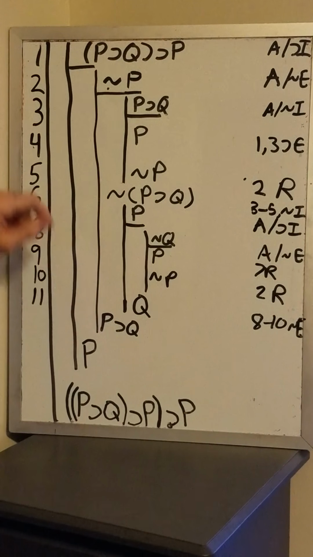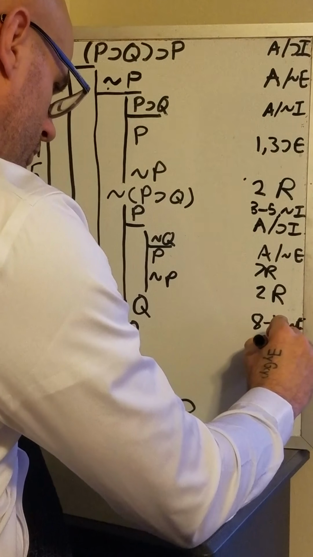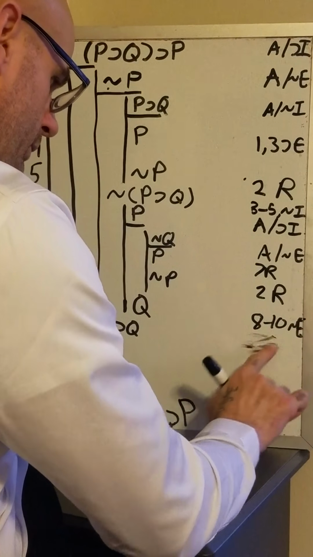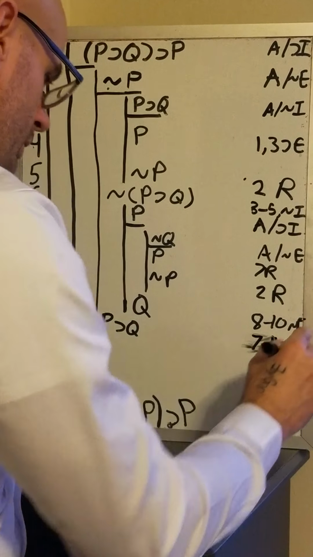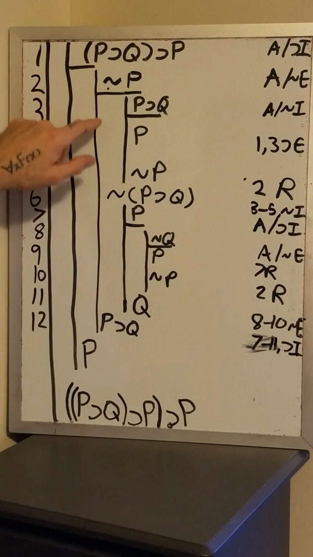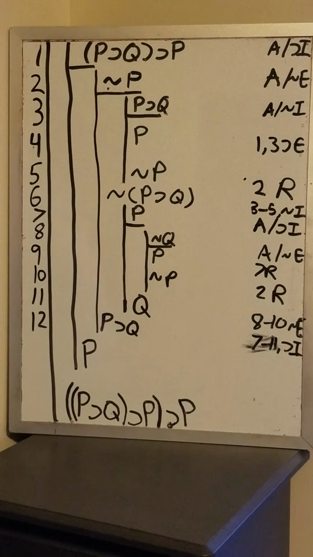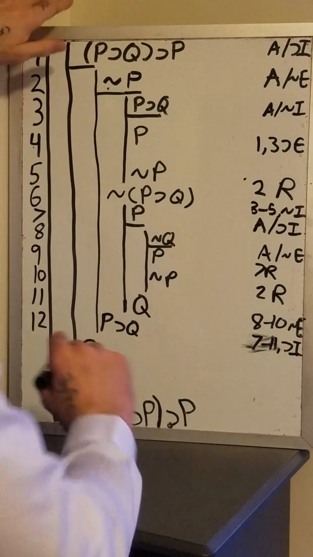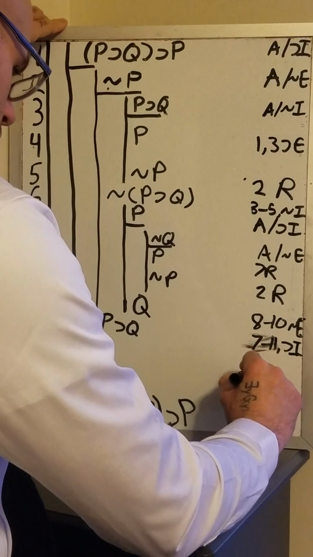And finally, line 12 now will be conditional introduction, lines 7 through 11. And for line 13, we've shown that the assumption of not P led to a contradiction. So on line 13, we can conclude P by negation elimination, lines 2 through 12.